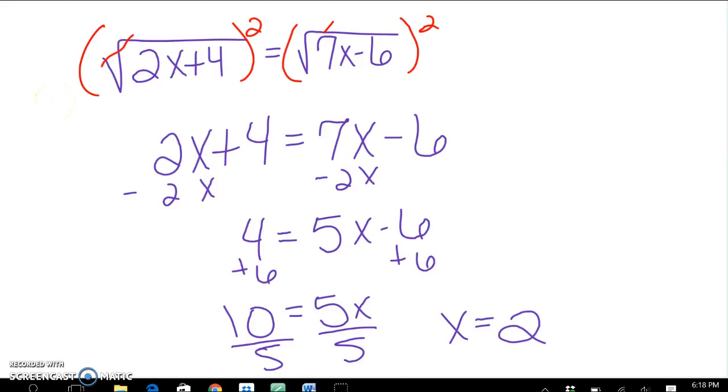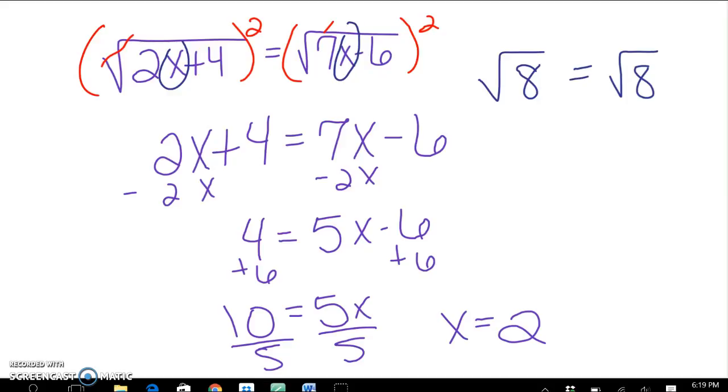So if I go back up to the left side, 2 times 2 is 4, plus 4 is 8. So the left side is radical 8. Right side, if I take 2 again, put it in for x, 7 times 2 is 14, minus 6 is also 8. Radical 8 does equal radical 8. They're not perfect squares, that's okay, we know they're equal.